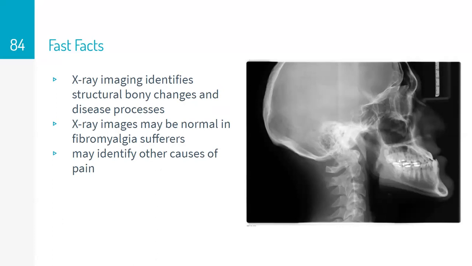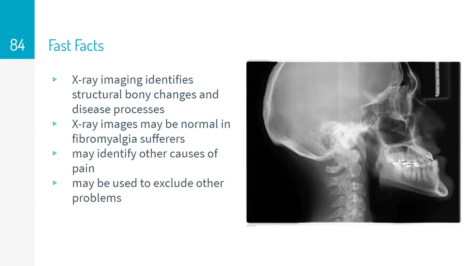That's why they're commonly used as one of the first tests with fibromyalgia sufferers. Obviously, if you have musculoskeletal pain, one of the causes could literally be from some kind of bone arthritic process or something going on with your actual bony structures.